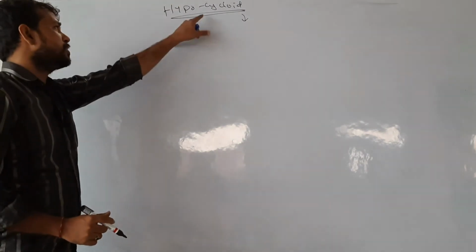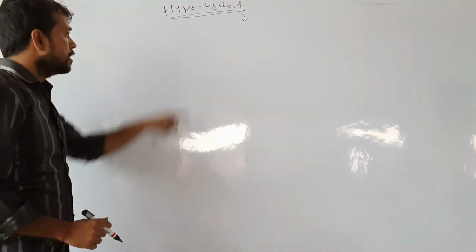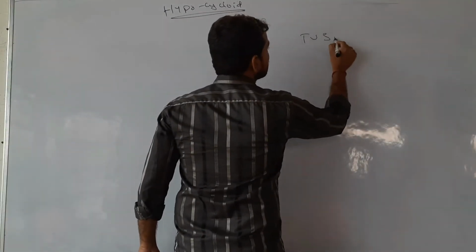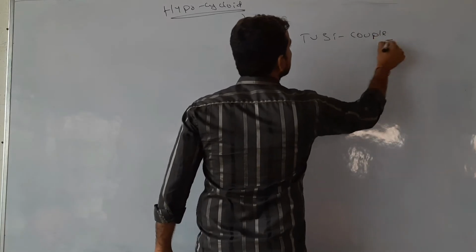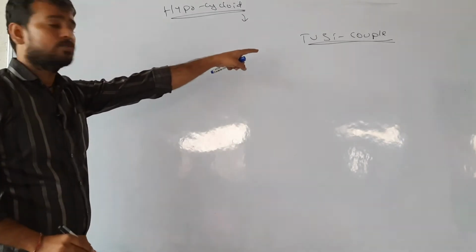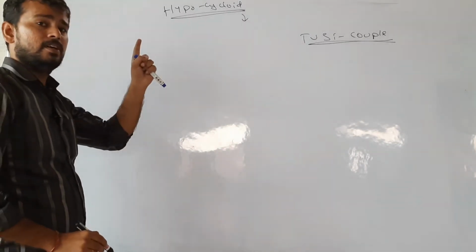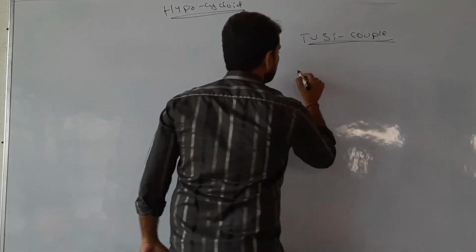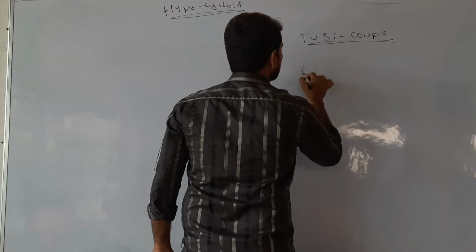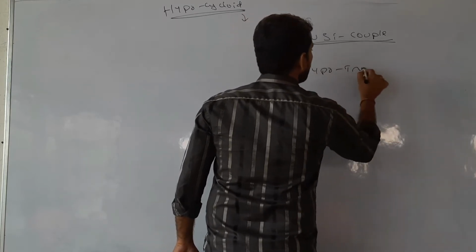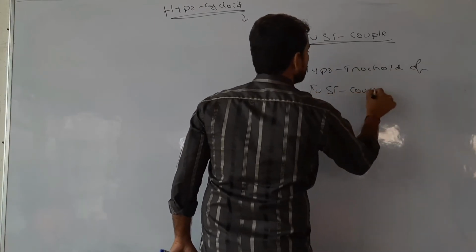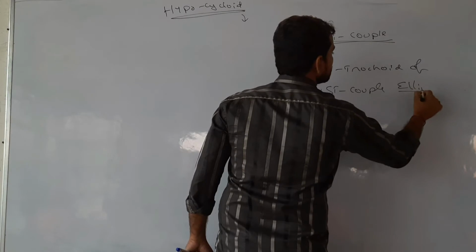The main thing is the two-cusp couple. You have already come across this, because the hypotrochoid of a two-cusp couple is an ellipse.